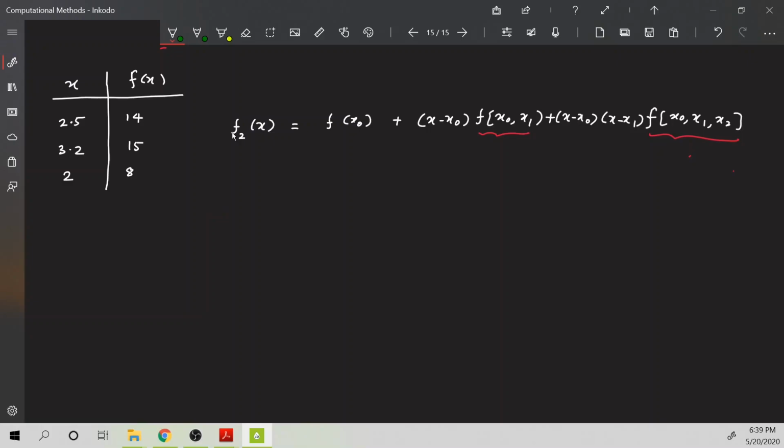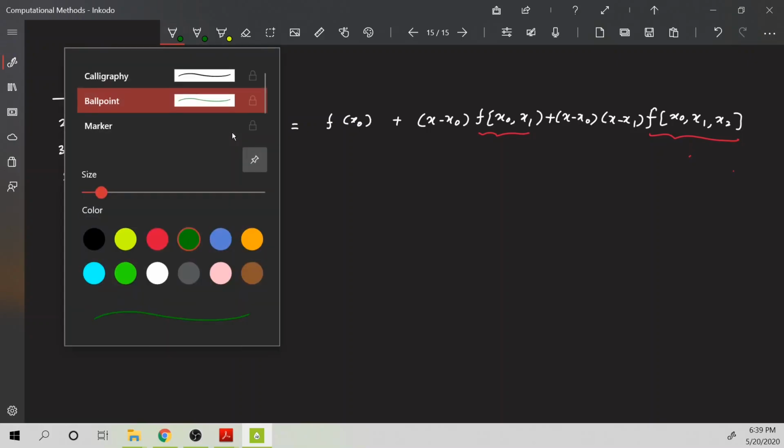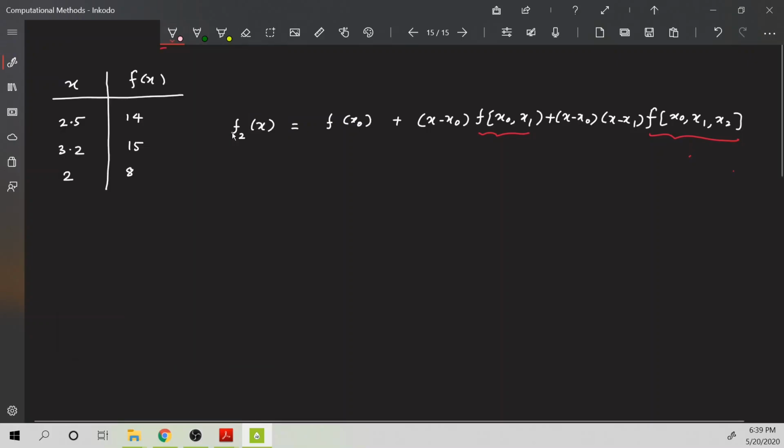Let me use a bright color pen, this is my favorite color. So this is xi, then fxi, then the first divided difference, that is between xi and xi plus 1, then the second divided difference with xi, xi plus 1, xi plus 2.